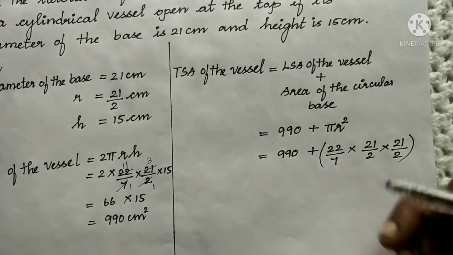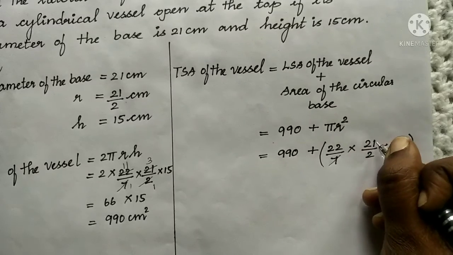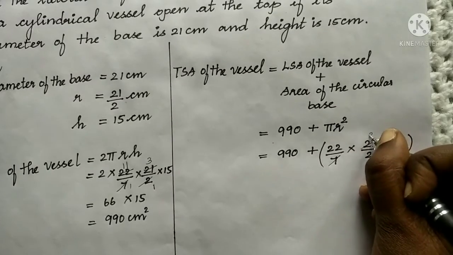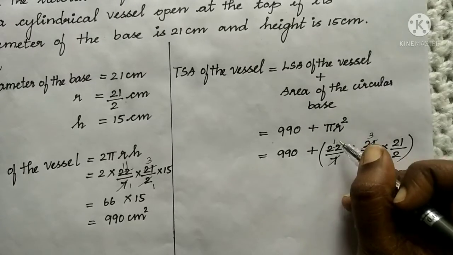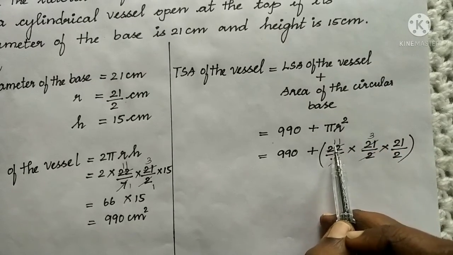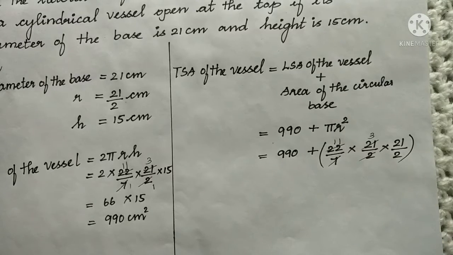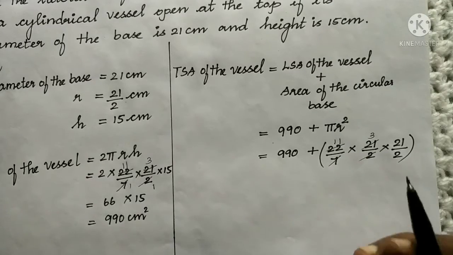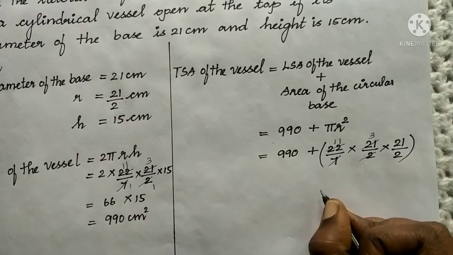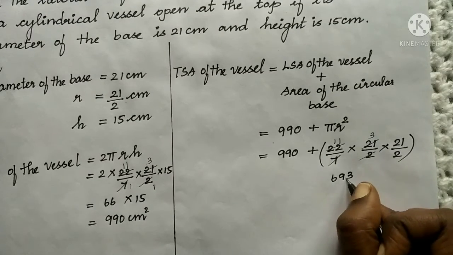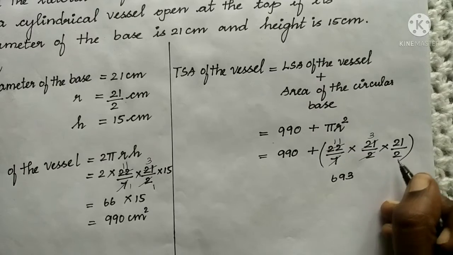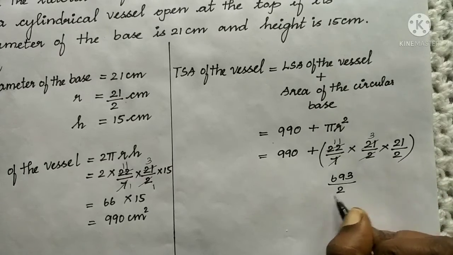Now, 7 and 21 will cancel, write 3, and 22 and 2 cancel and write 11. Now, 11 into 3 is 33 and 33 into 21 is 693. And we have only 2 in the denominator. We'll write 2.